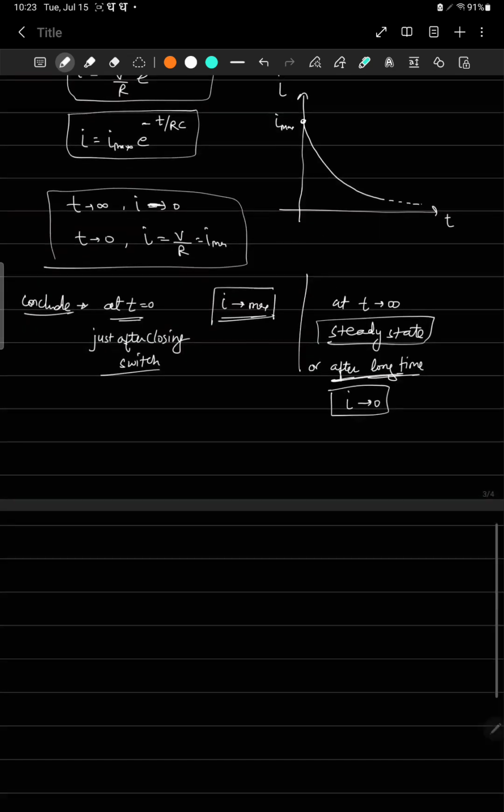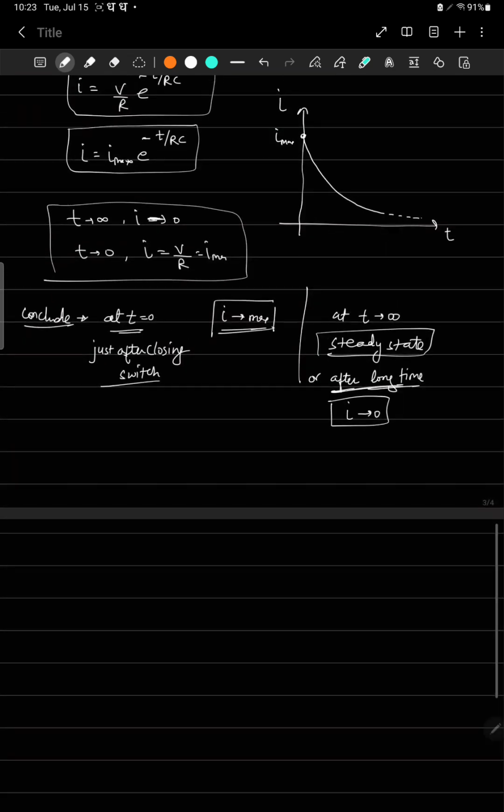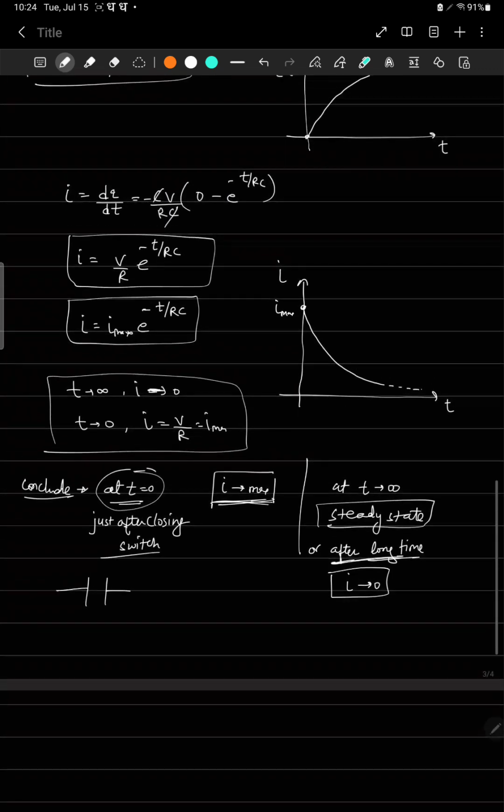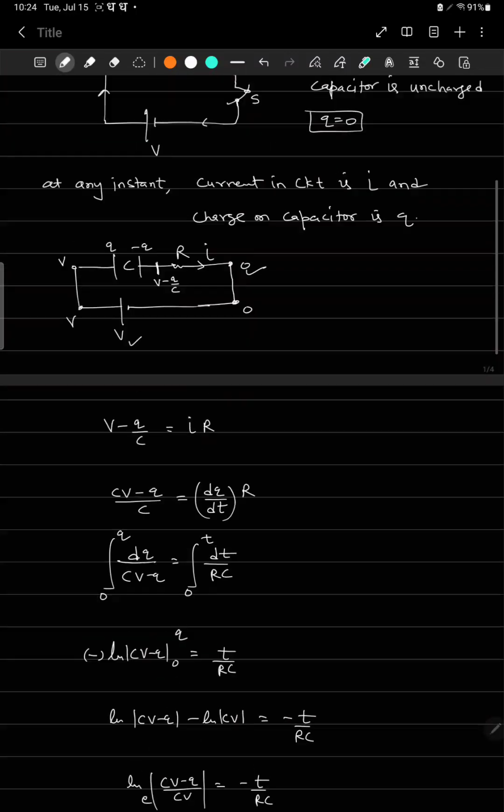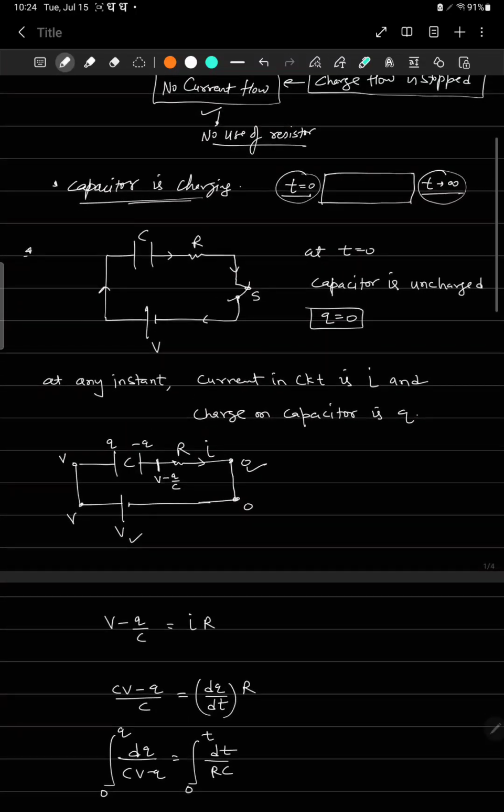Now, based on these two situations, at t equal to 0, where the current is maximum, what is the maximum current? V by R. That means the capacitor is present, but still the maximum current is V by R. The circuit is behaving like a resistive circuit. The capacitor is there, but when we are solving for the current, it looks like the capacitor is not present. Getting my point?